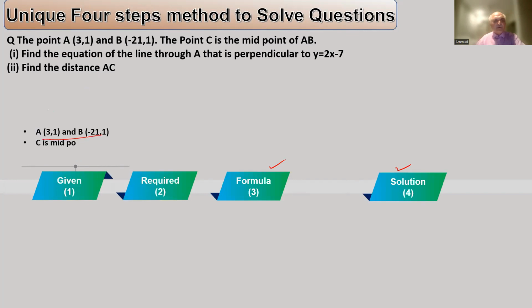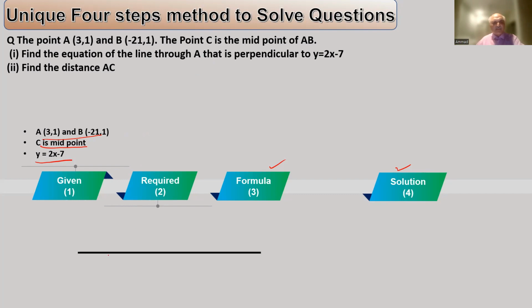Points A and B are given. C is the midpoint, which is given. Only this is telling us that C is the midpoint. And this equation, which is perpendicular to the required equation, is given. It is better to sketch a diagram to visualize what is required.